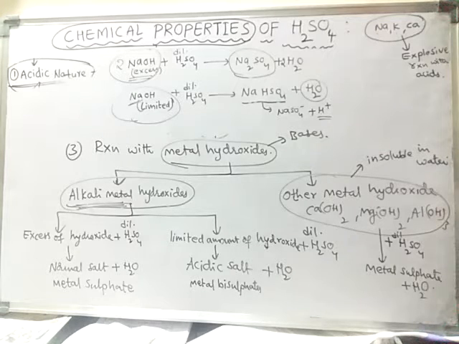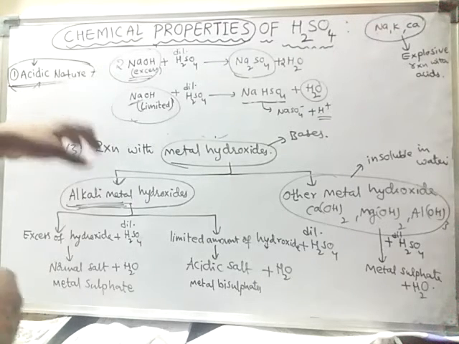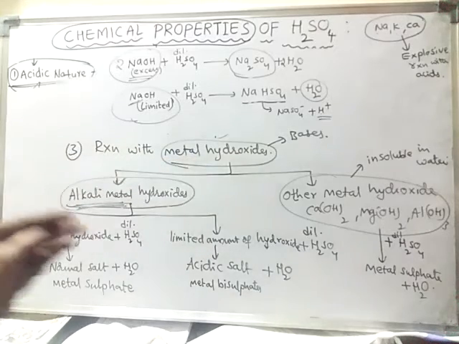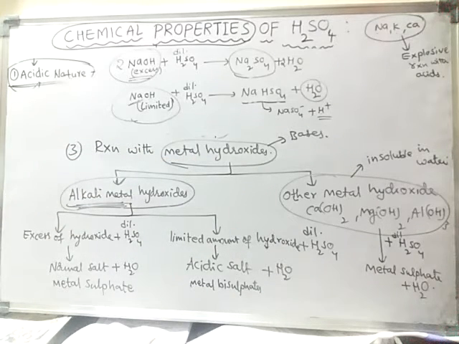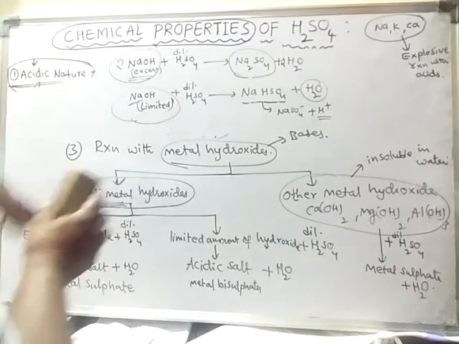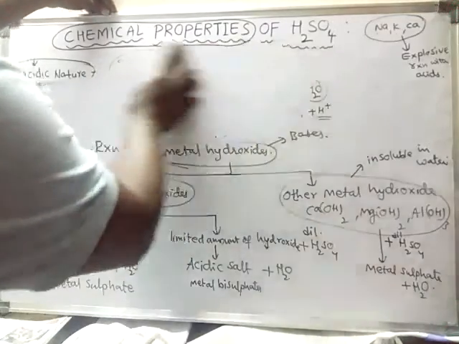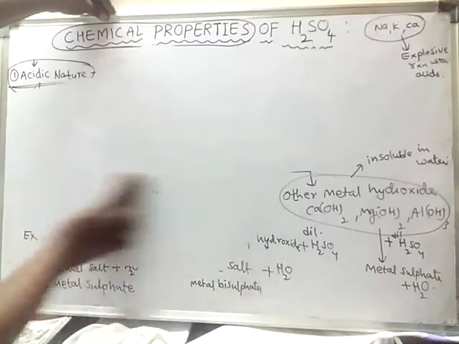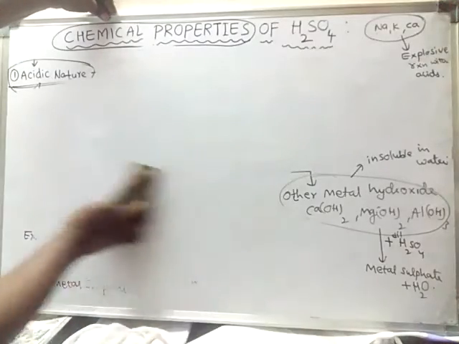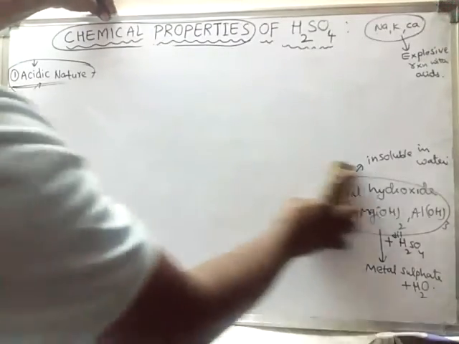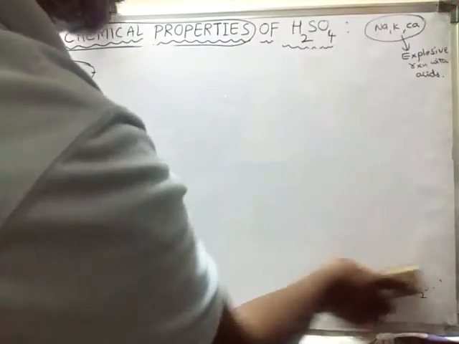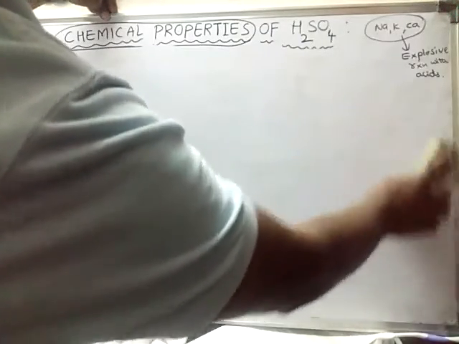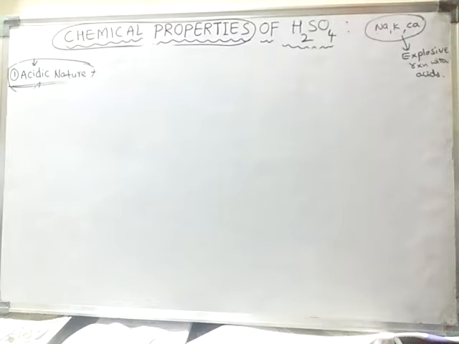So like this, the reaction of dilute sulfuric acid with metal hydroxides can be discussed. So far we have discussed the reaction of dilute sulfuric acid with active metals, with metal oxides, and also with metal hydroxides.